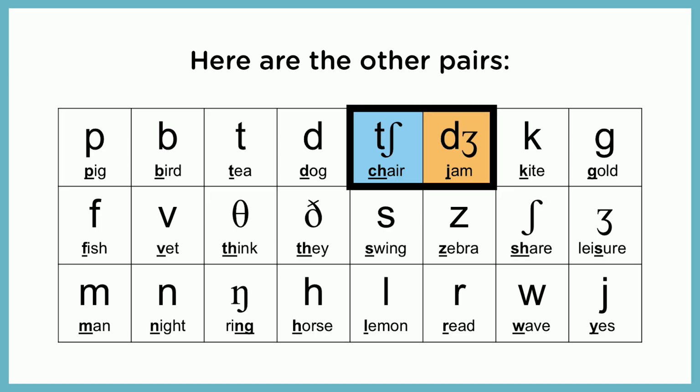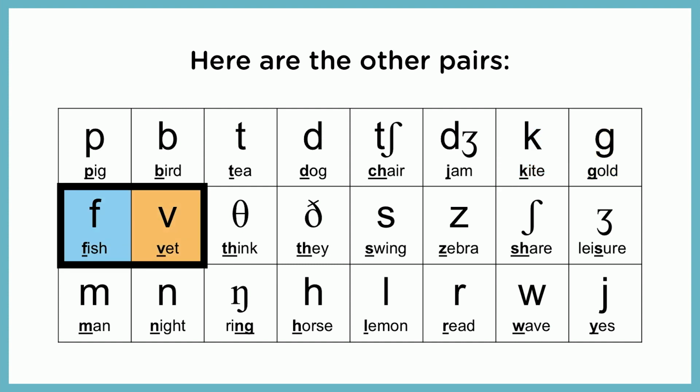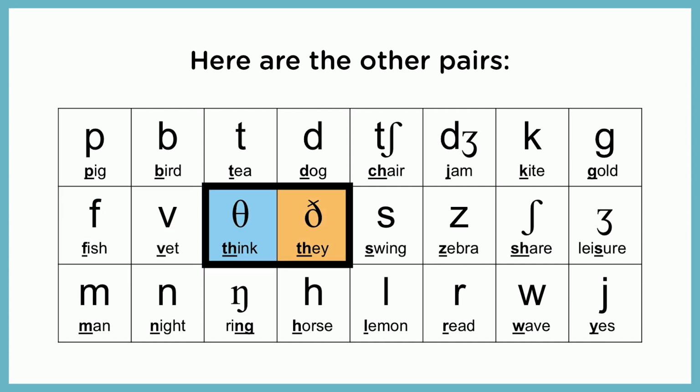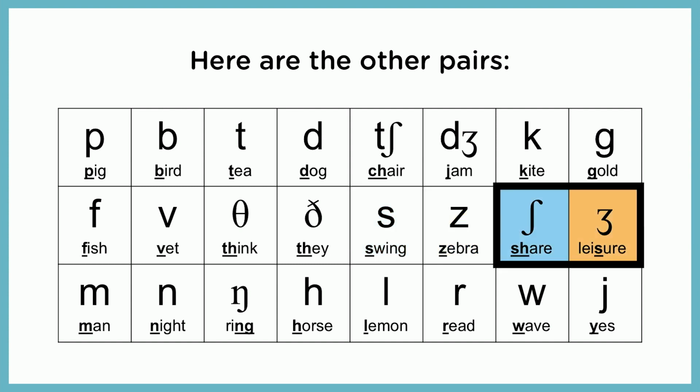Cool. So let's take a look at the other pairs. We've got ch and j, k and g, f, v, th, th, s, z, and finally sh, zh.